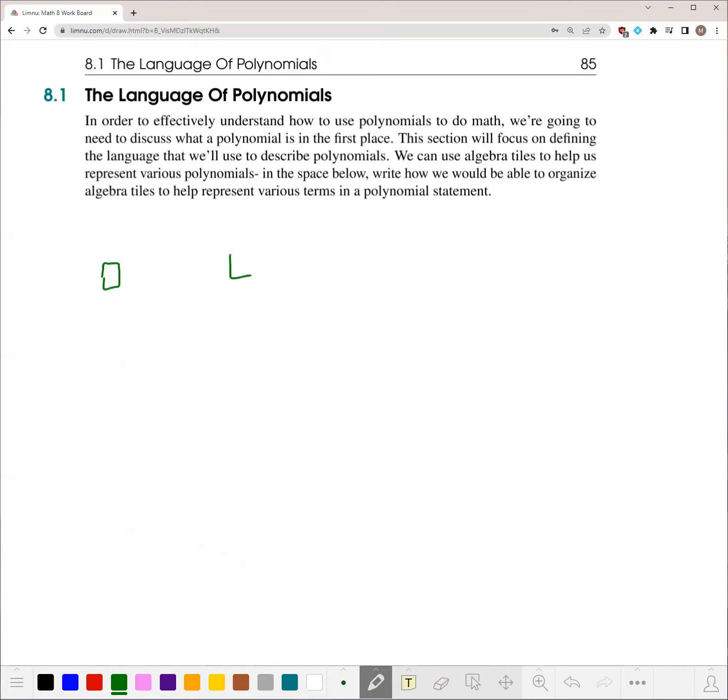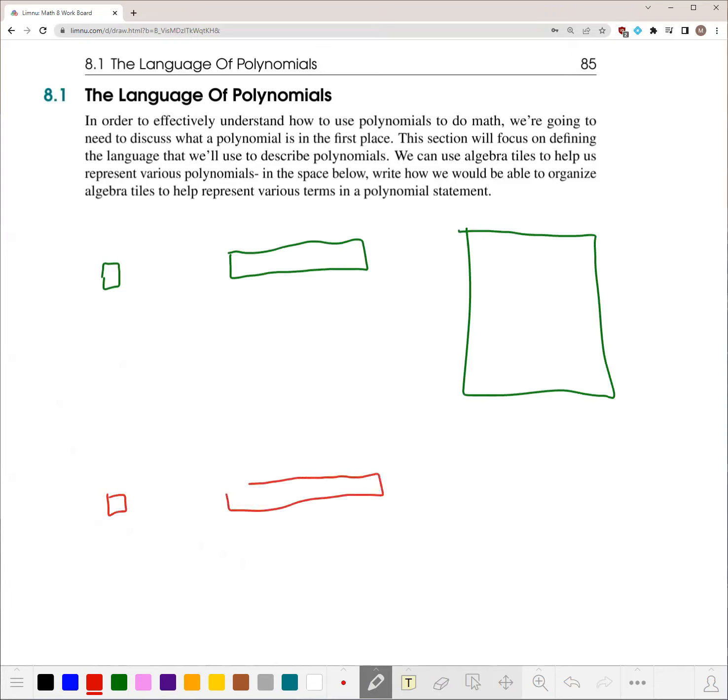We have these little squares, the long rectangles that are wavy, I guess, and the big squares. Okay, these are something we've seen before. We notice that one side is green or a different color and one side is red. These help us represent the different algebraic statements that we can use in polynomials.